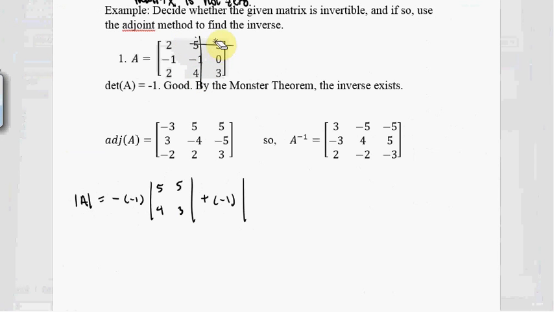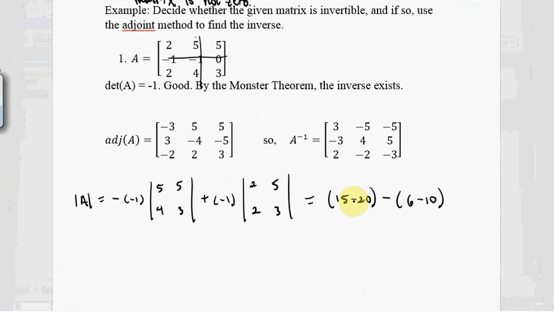wrong row, so we have 2, 5, 2, and 3, so here we get 15 minus 20 minus 6 minus 10.